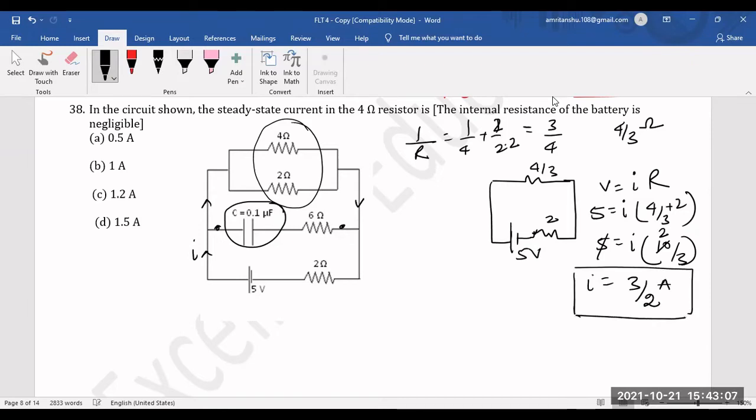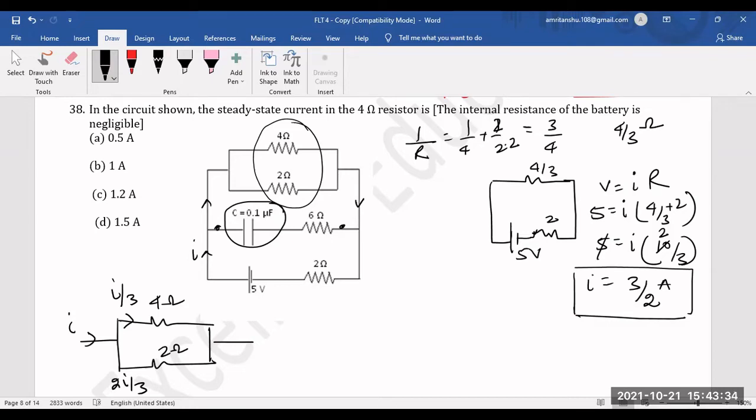Now, again, we see a similar setup. Please try to figure out how this happens. This is 4 ohms. This is 2 ohms. If a current I enters here, try to derive this thing for yourself. This is double of this, correct? So I by 3 will enter here and 2I by 3 will enter here.